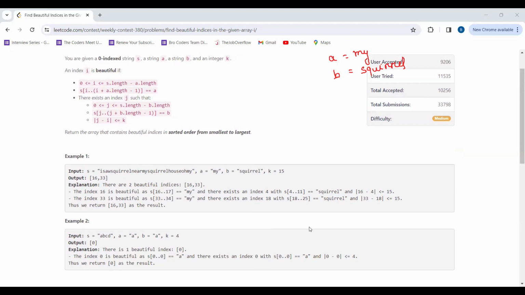So let's see here first. Finding a word in an array or a string is a simple pattern matching question, right?